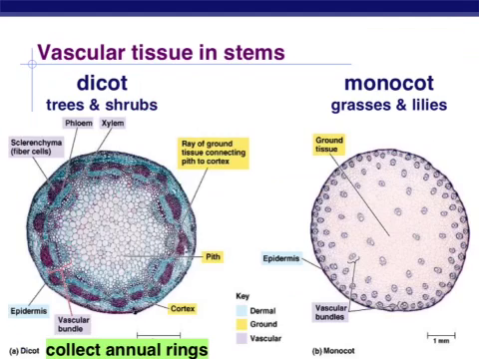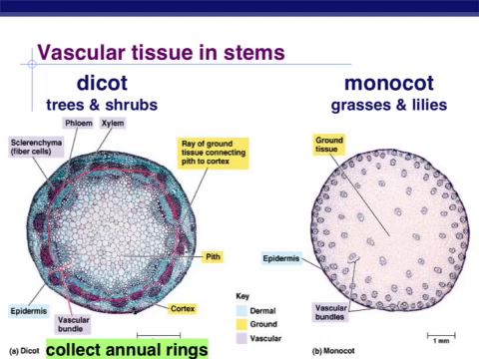All right, so we're going to now compare dicots to monocots. Remember, your dicots are things like trees and shrubs, whereas your monocots are things like grasses and lilies, and their arrangements of certain things are very different. So this is a stem of a dicot and a stem of a monocot, and it shows you the arrangement of their tissues, particularly their vascular bundles. If you look at your dicot, your vascular bundles, I'm going to draw a line, are everywhere this line goes around.